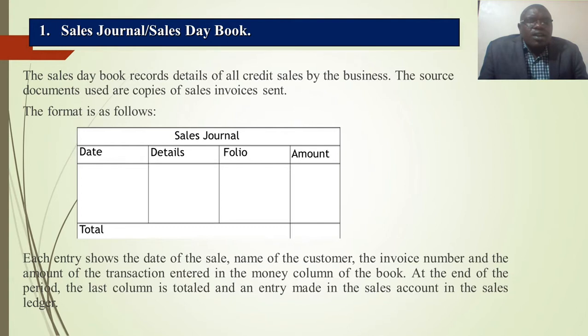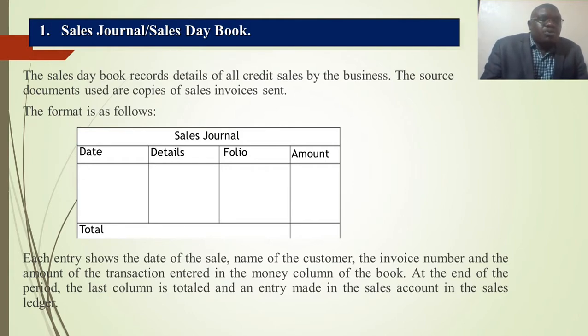The third one is folio. Folio means the page number in the ledgers where that client's account is kept. And the amount is the amount of the transaction. So that is the format of the sales journal.